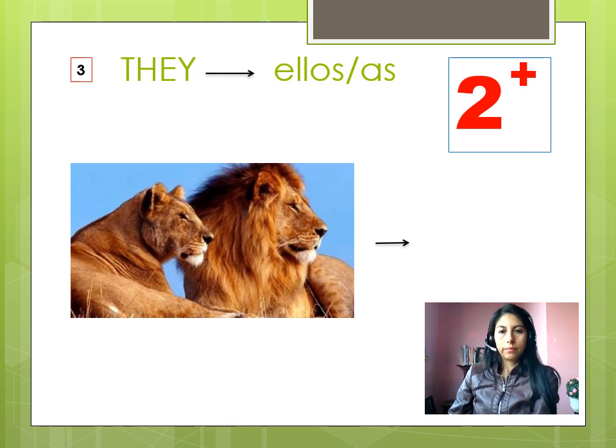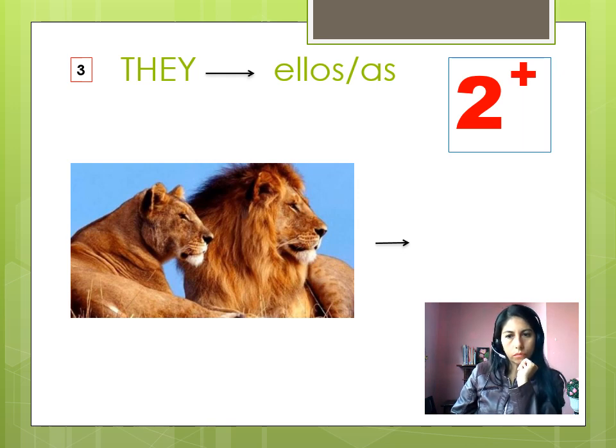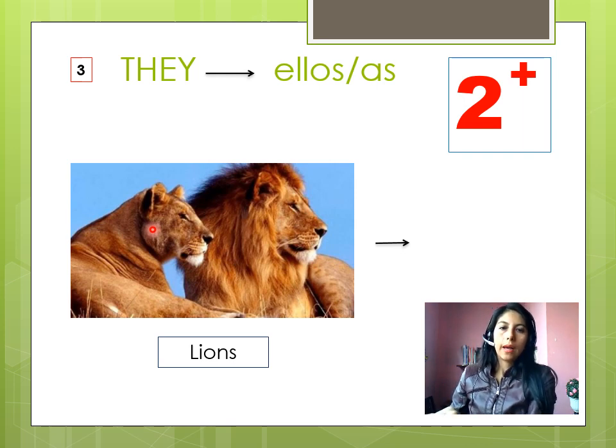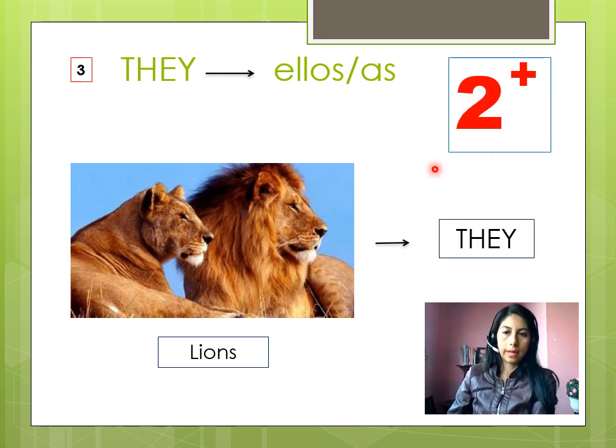Okay, so now here we have two animals. In this case, when I have two or more, I use my subject pronoun they. There are two lions here, but because they are two, I use my subject pronoun they.